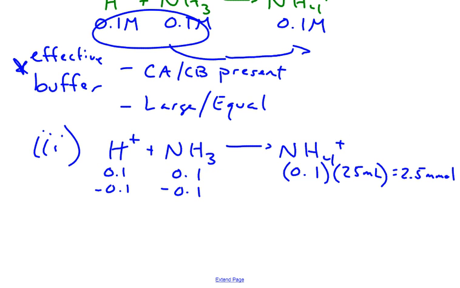Moles have nothing to do with volume, but concentration has something to do with volume. So when all is said and done, I have 5 millimoles, and this is the only time that the volume matters.